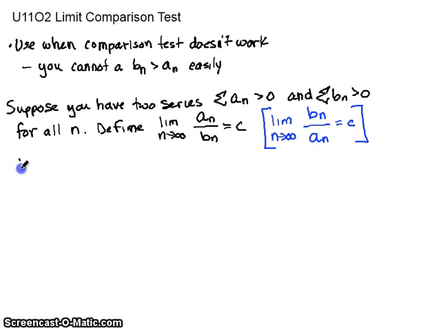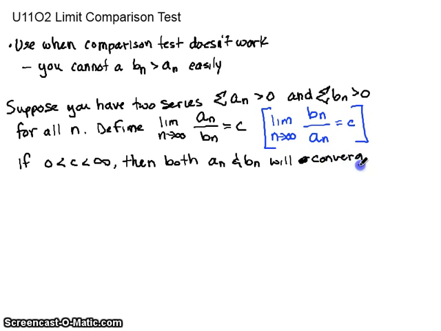So if c is in between 0 and infinity, so it's a finite positive number, then both the sum of a of n and the sum of b of n will converge or diverge. So if one converges, the other converges. If one diverges, the other diverges. So they're both going to converge or they're both going to diverge.